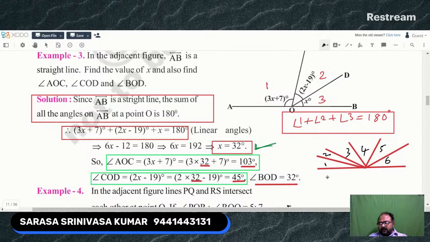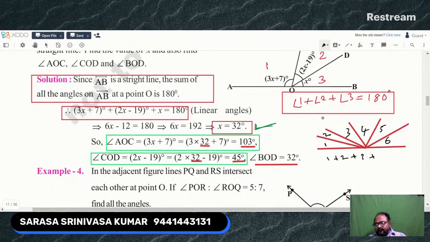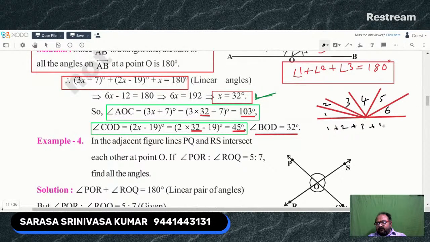Here, angle 1 plus angle 2 plus angle 3 plus angle 4 plus angle 5 plus angle 6 is equal to 180 degrees. Because all these angles are forming a straight angle. That is, all these are on the straight line at point O.